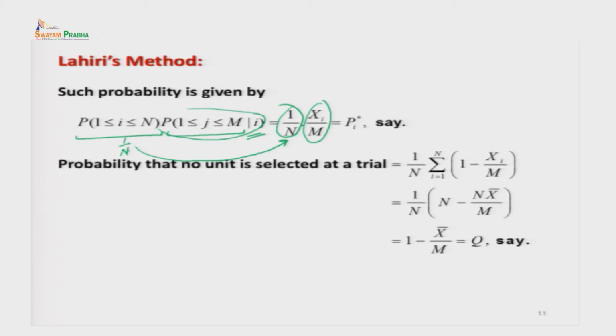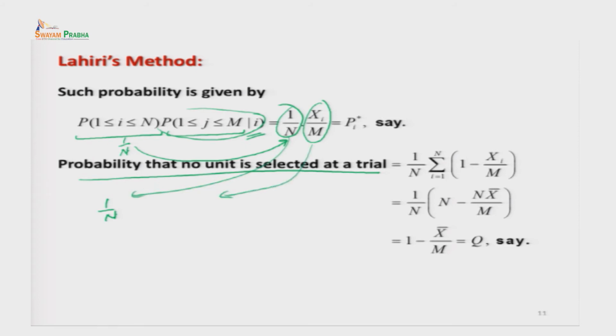Now, in case I try to compute the probability that no unit is selected at a trial, what will happen? In the first trial, the probability will become 1 upon N from here.